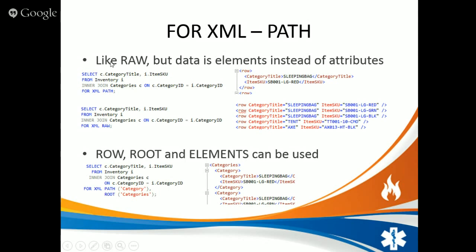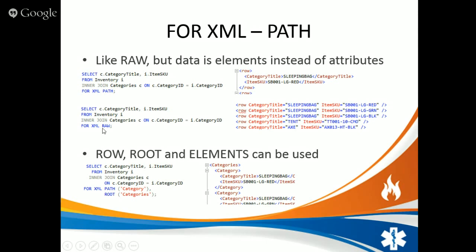So in this top query, it's the same query we were using before, but for XML path, and it created the row tags and the column title nodes, and then the column values as elements inside of each of those nodes.